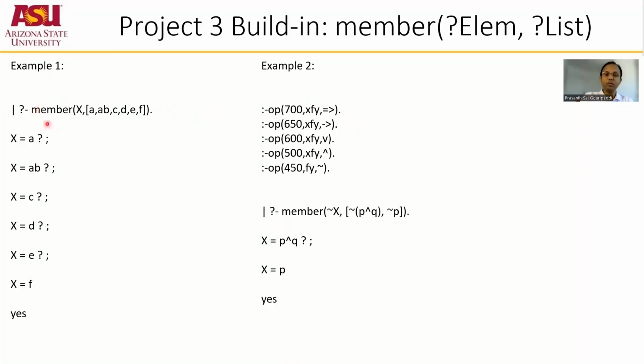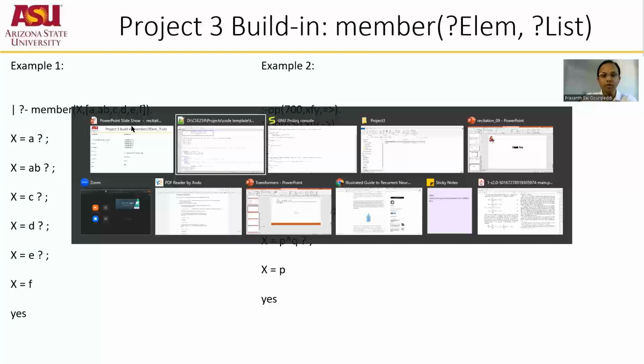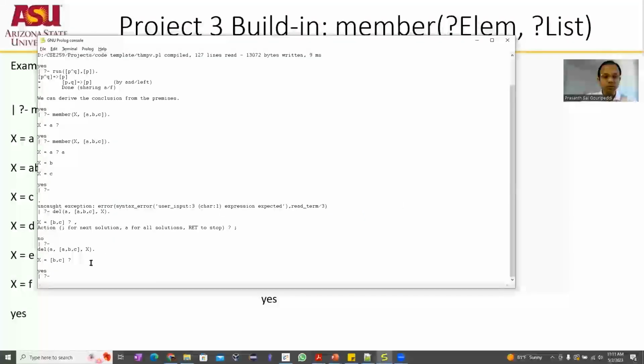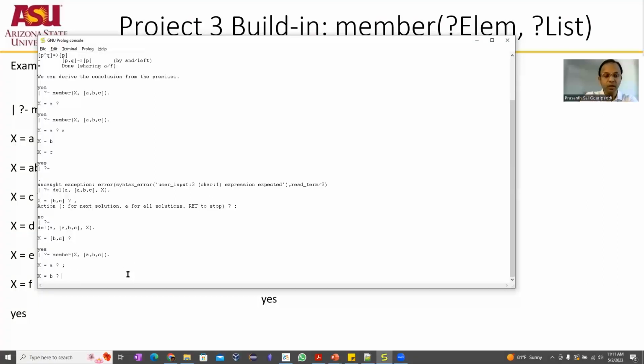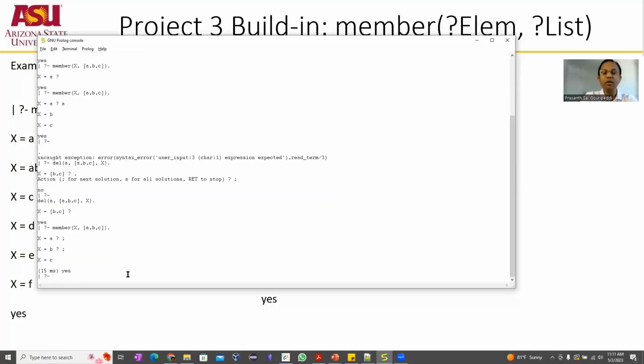Another function is the member function. We have seen this before. The member function tells us if there is a value that's present in the list. So let me try to run it for you over here. I'm providing a variable X and giving a list ABC, and let's run it and see what it says. It's asking is X A, then B, then C, and yes.